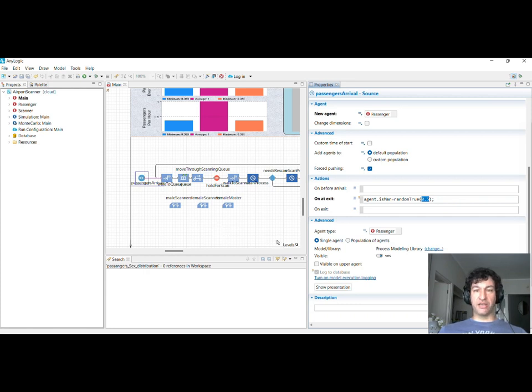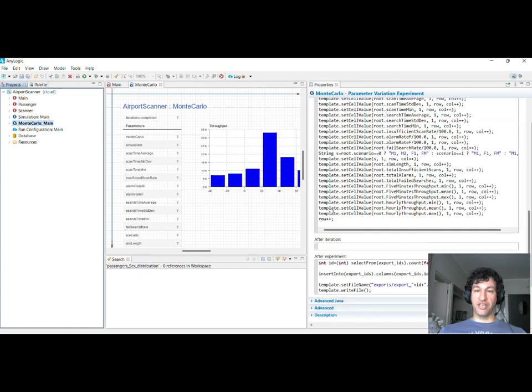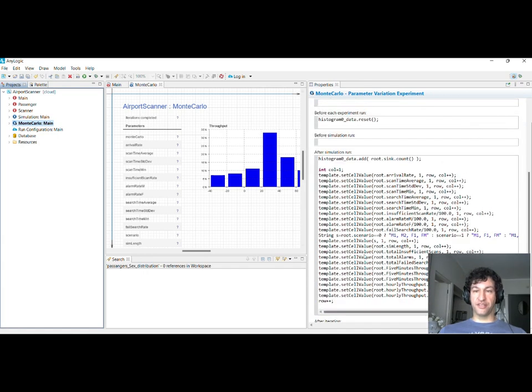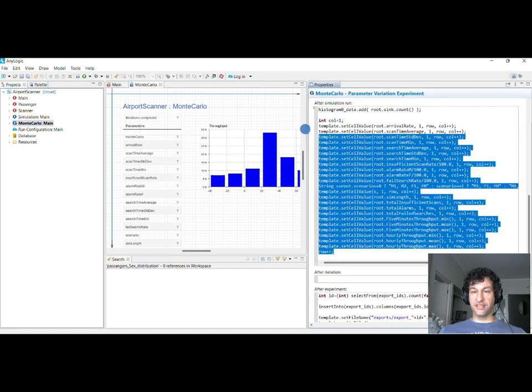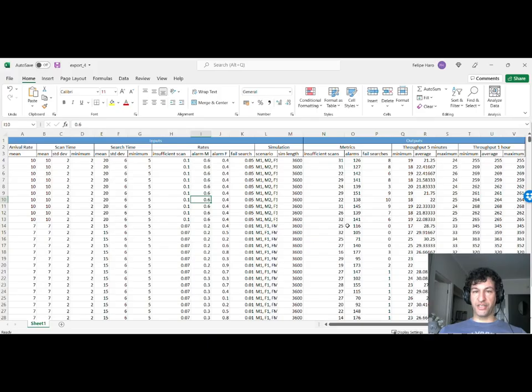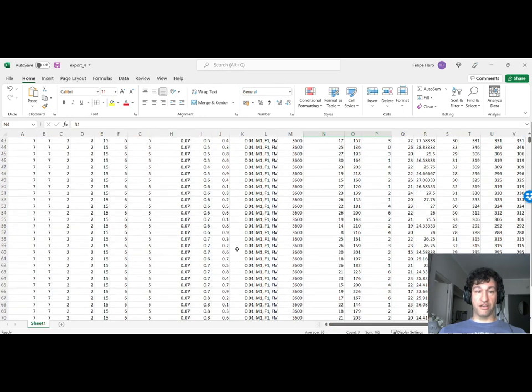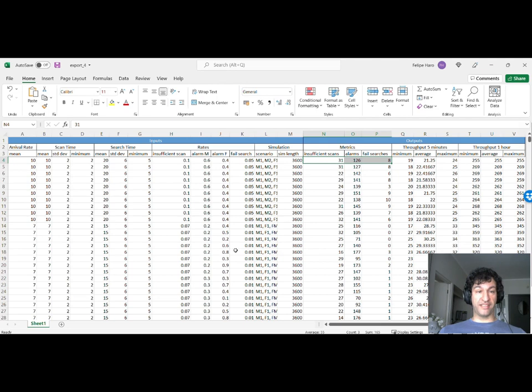And also, I didn't do the Monte Carlo simulation in the 3 hours. So I needed 1 additional hour to do a Monte Carlo simulation. I just did it and exported the values to Excel. And you can see the export file here, where you see all the inputs and the outputs, and nicely formatted for the client to analyze.